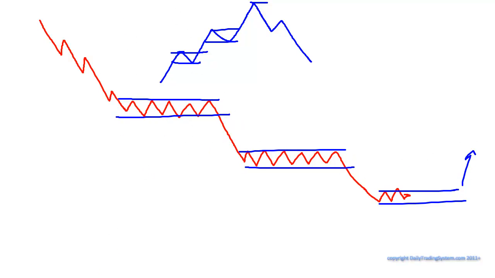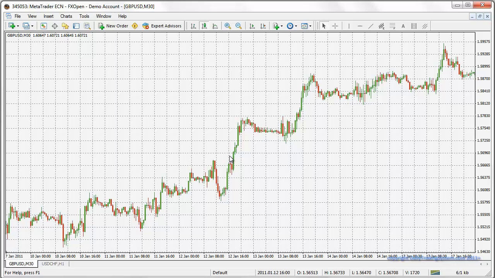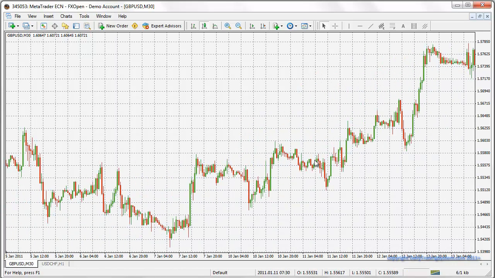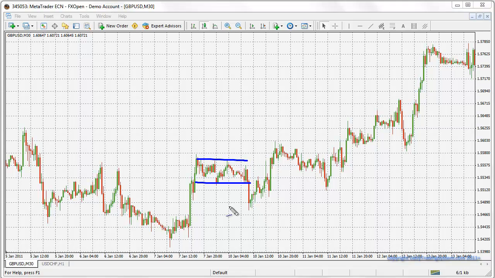Okay, so let's go ahead and show you what it looks like on the chart. Alright, here is your established trend. We're starting to pull away, we're going up higher. Alright, and we're looking for where the highs have basically equaled each other and the lows have equaled each other as well, and we can see some here.